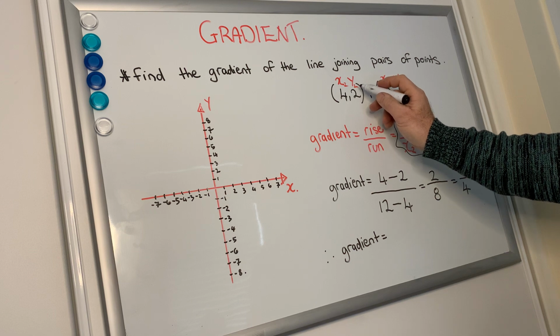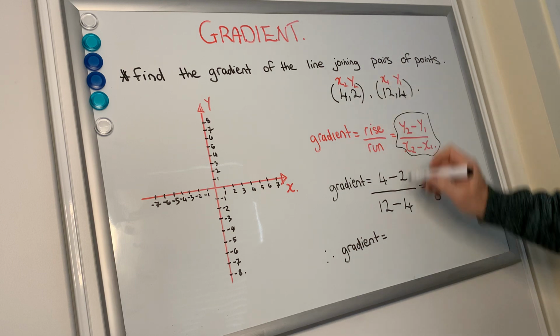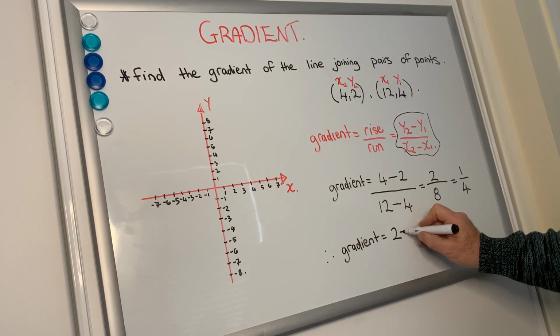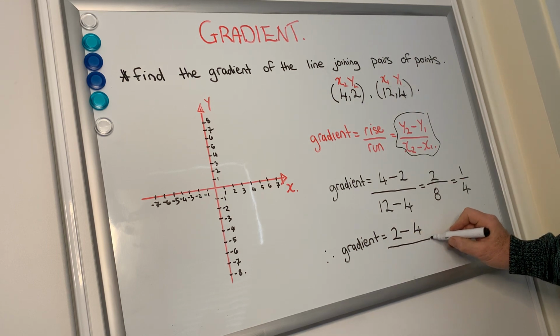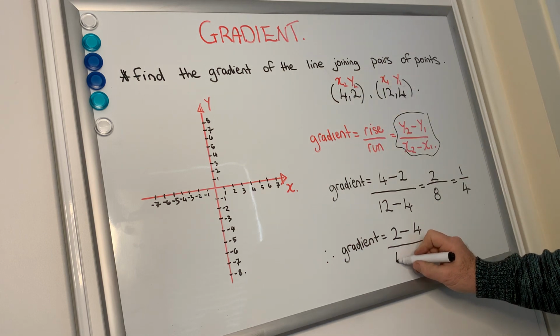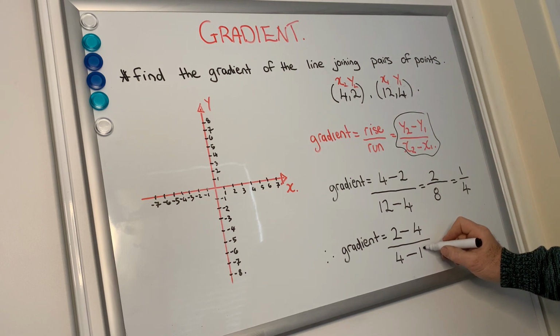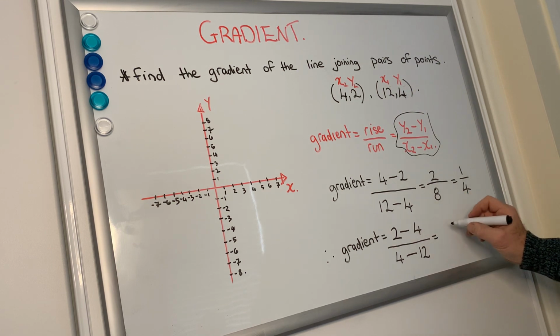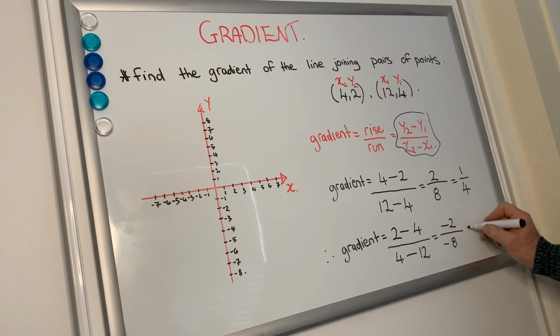We've switched these over. Now y2 is 2, take away y1, which is 4, divided by x2, which is 4, minus x1, which is 12. That is 2 take away 4, which is minus 2, over 4 take away 12, which is minus 8. The negatives cancel, and 2 over 8 is equal to positive 1 over 4.